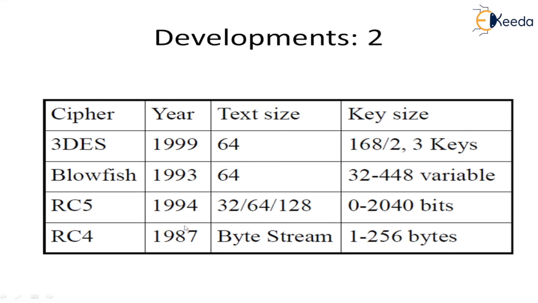These are the invention years, and the text sizes are 64, 32, 64, 128 for RC5, and for RC4 it is a byte stream. The key size for Blowfish is 32 to 448 bits variable, RC5 has 0 to 2040 bits variable, and RC4 is 1 to 256 bytes.